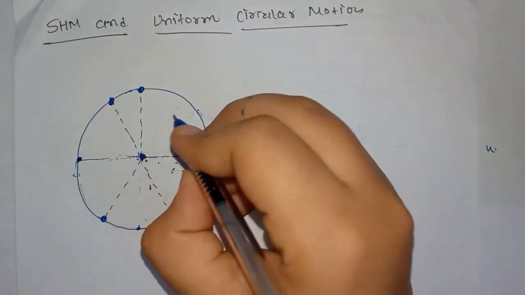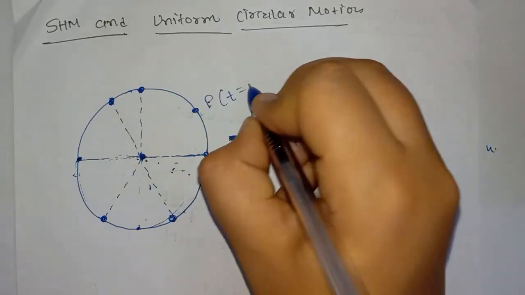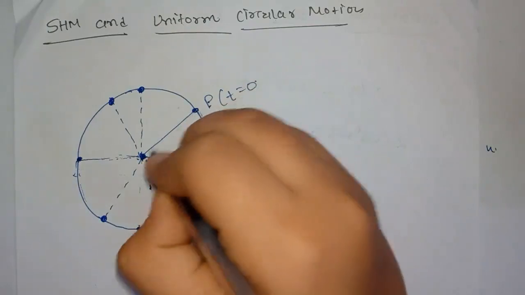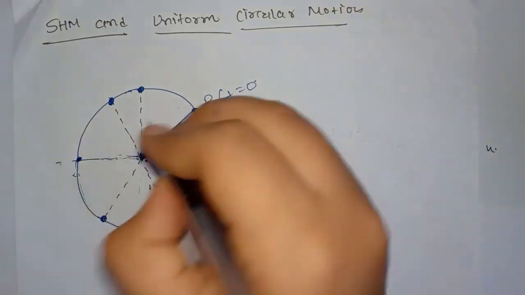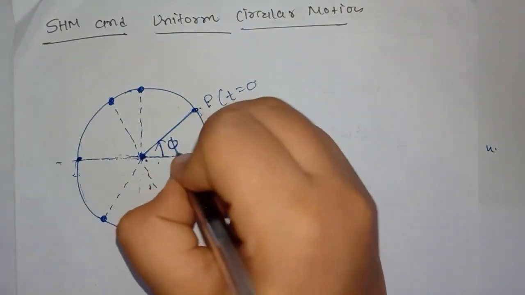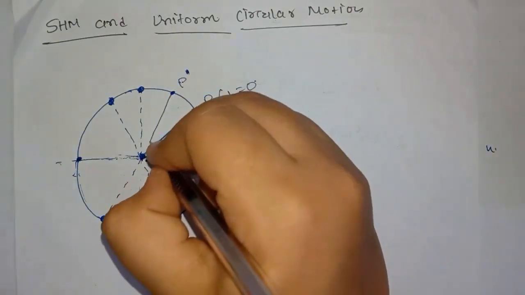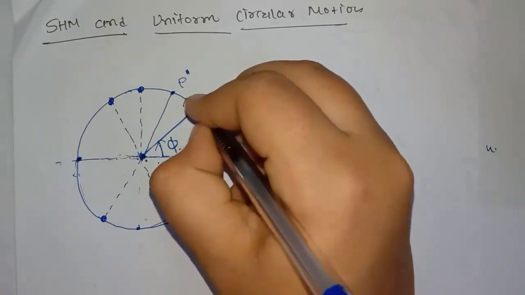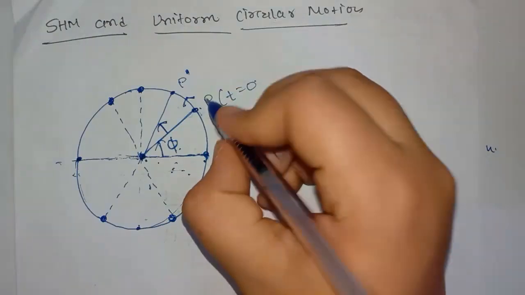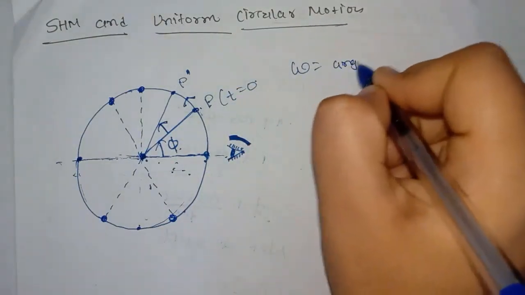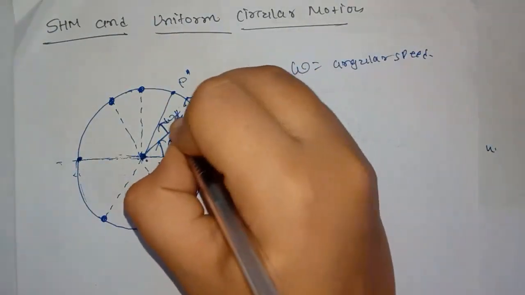Let's say there is a point P. The object is at point P at t equals 0. We are considering this to be the x-axis. If it is starting at this point, then this angle phi will be its initial phase. Let's say it reaches point P dash in time t. If it is moving with constant angular speed omega, then this angle will be omega t.